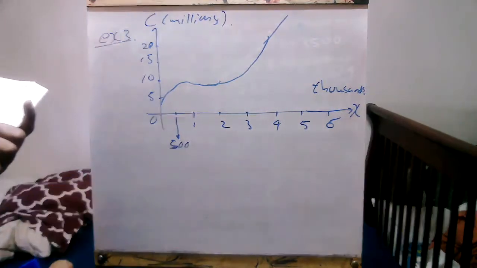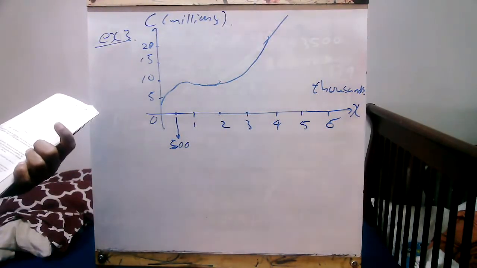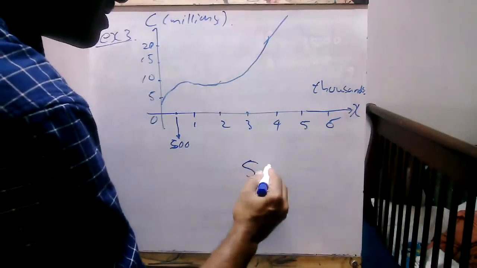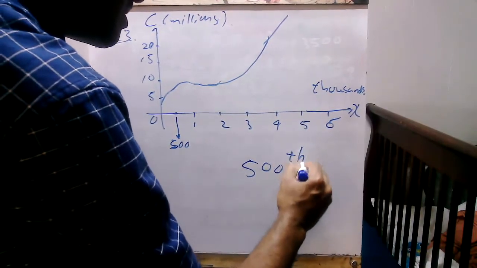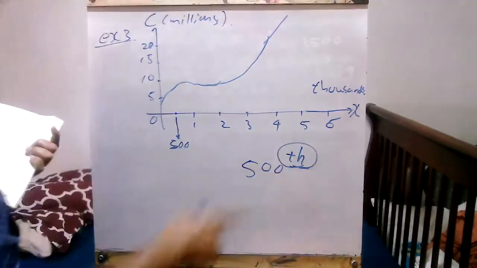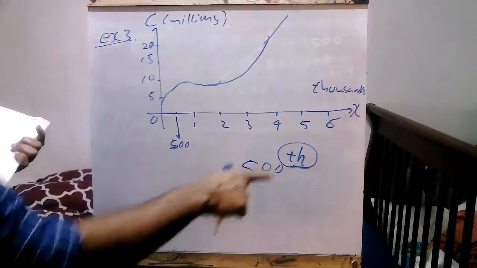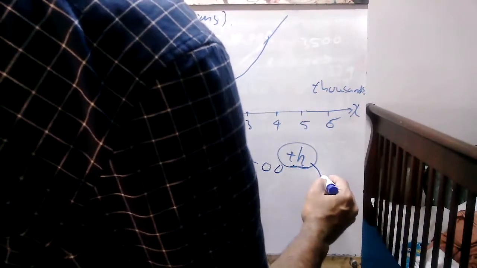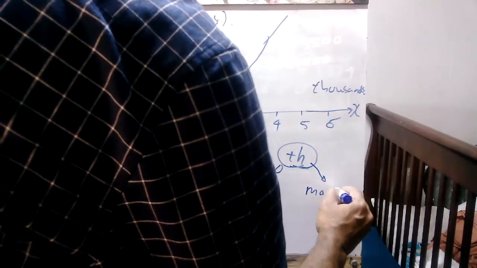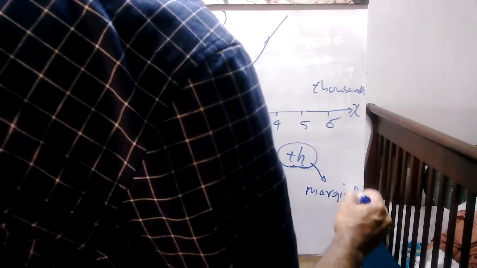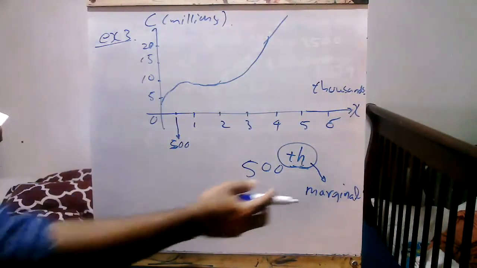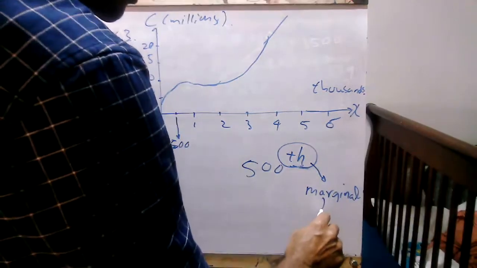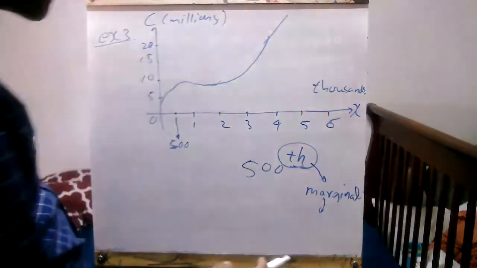Now we know it's asking 500. When it said 500, that means marginal. When it is marginal, we are not looking at the value, we are looking at the marginal. Marginal means the derivative.